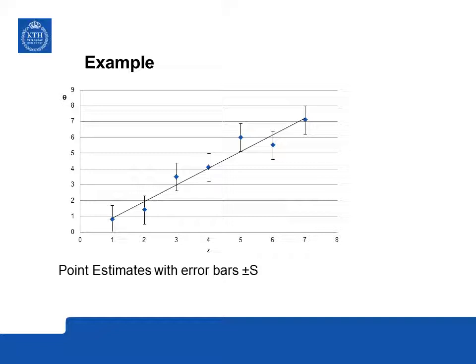And in the graph we also show the error bars, which are indicating the range of deviation of plus minus s. For instance, in this particular example, we want to show how likely it is that all these points can be represented by a straight line as a function of z. And here we can clearly see that all the points lie within one s of the straight line.